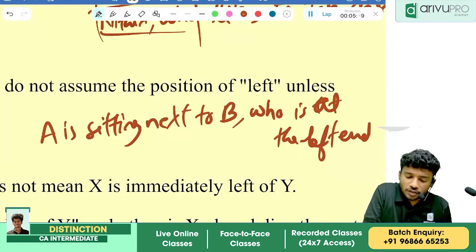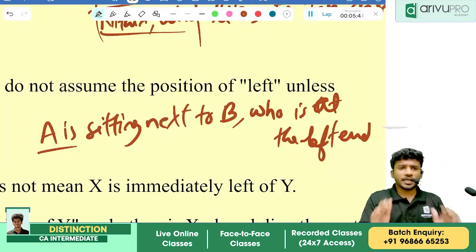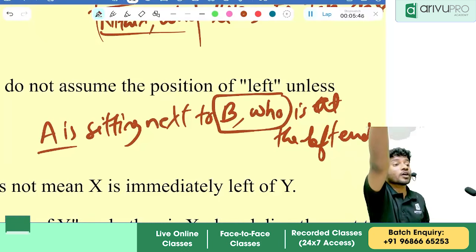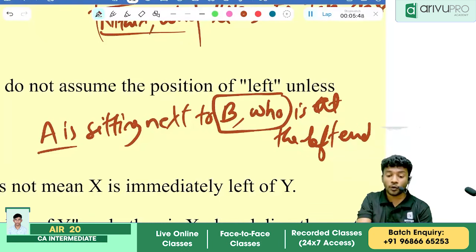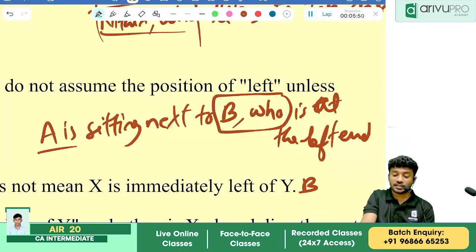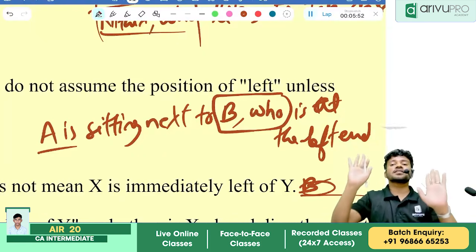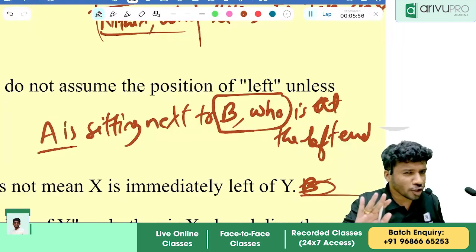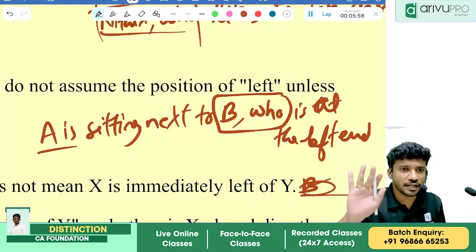So people, A is sitting next to B. A and B are neighbors. B comma who. That means who are we talking about? B. B comma who is at the left end means who is sitting at the left end of the bench? B is sitting at the left end of the bench. Remember this. I think you understood the difference between "and" and "who".